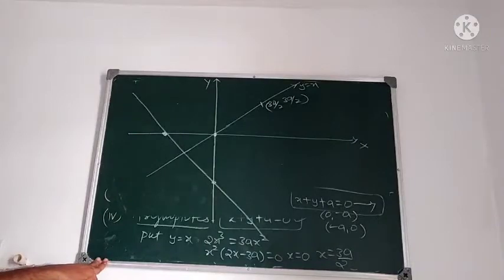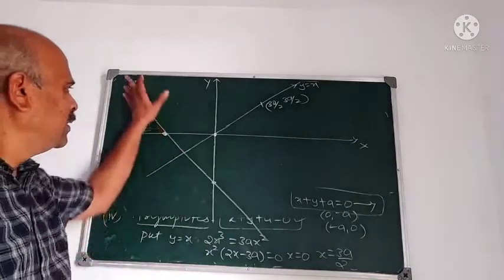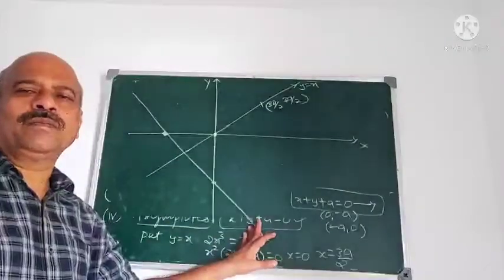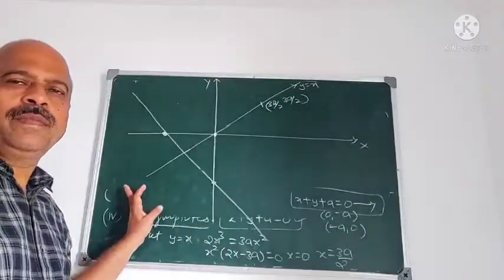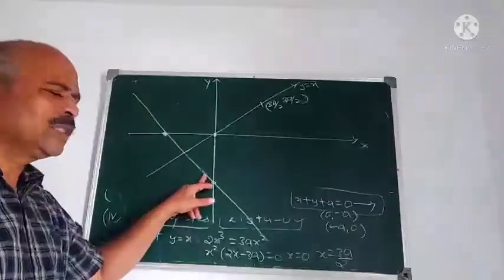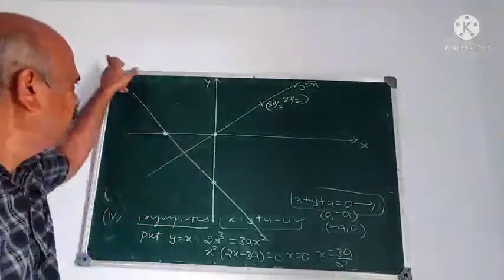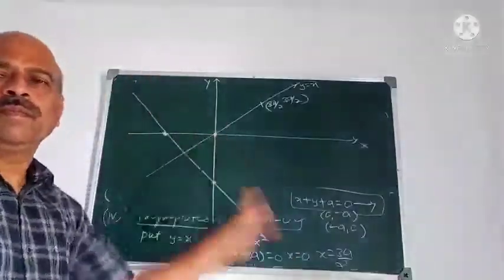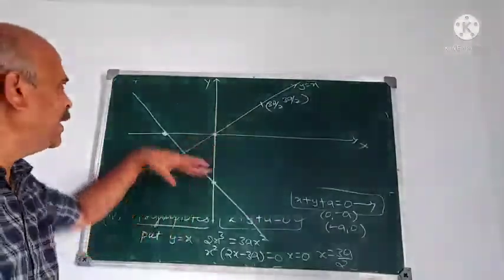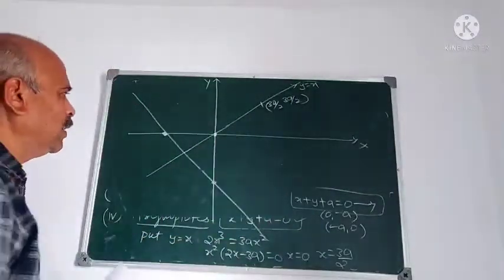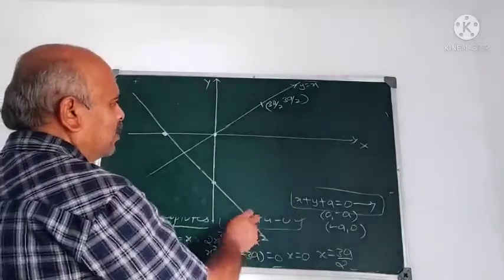That means this is the boundary for the curve. The curve doesn't cross this line. It is infinite; it extends indefinitely on either side.